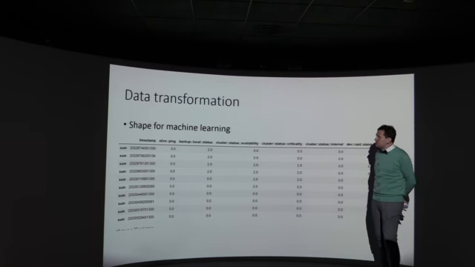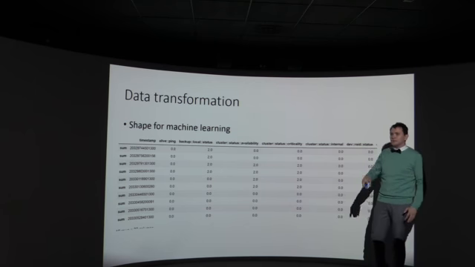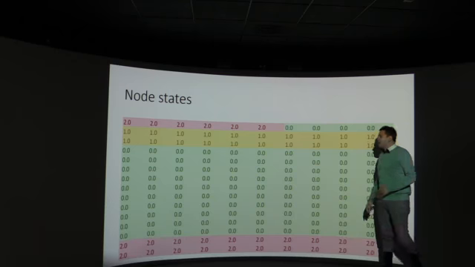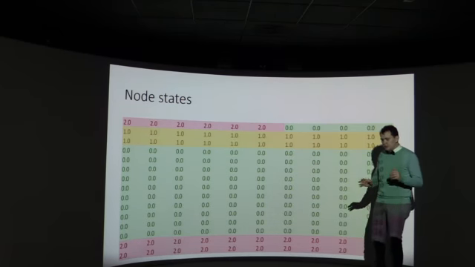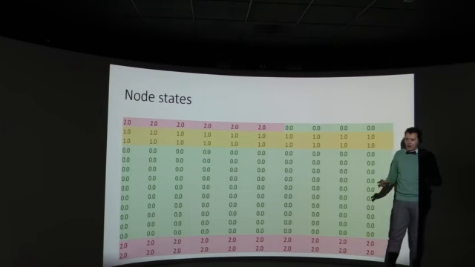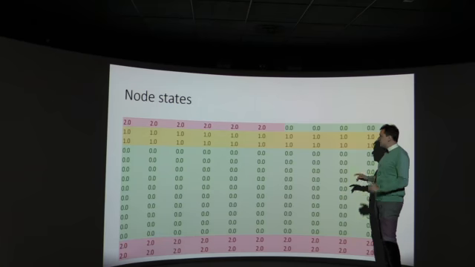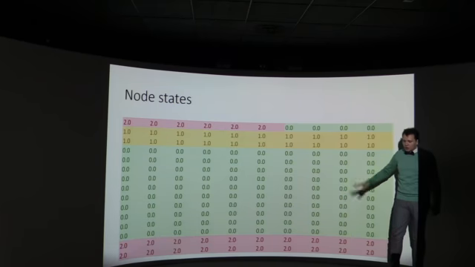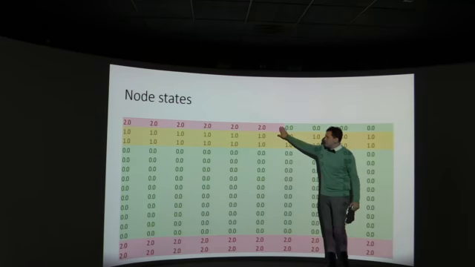Now, going to the node state. We have two different pieces of information gathered from the high-level monitoring system. The first one is the node state. Zero means that the node is functioning perfectly, 1 means that there is a warning, and 2 means that there is a fault.